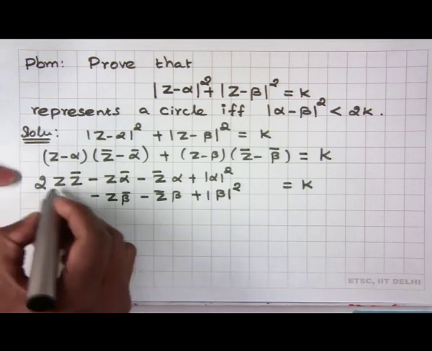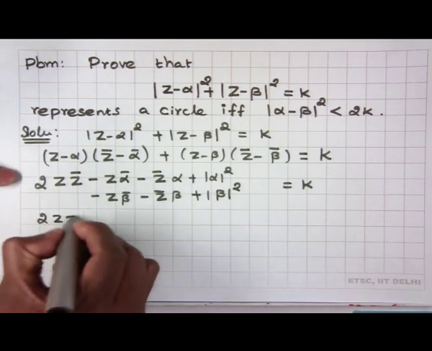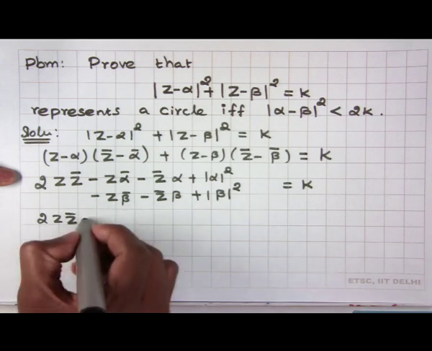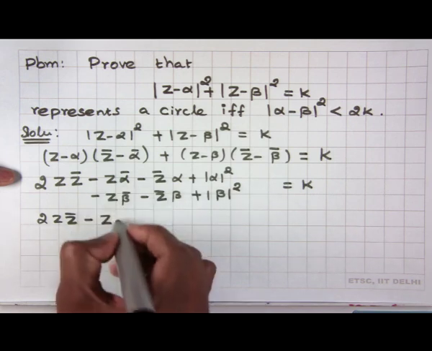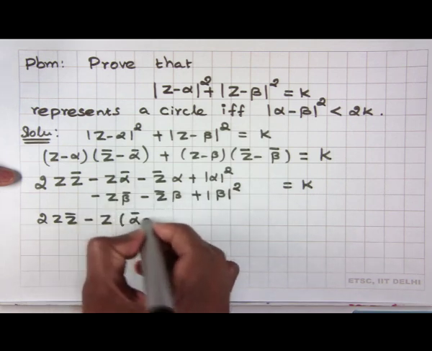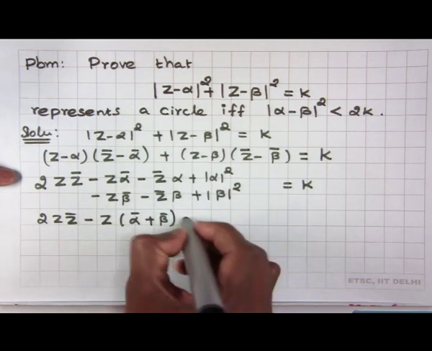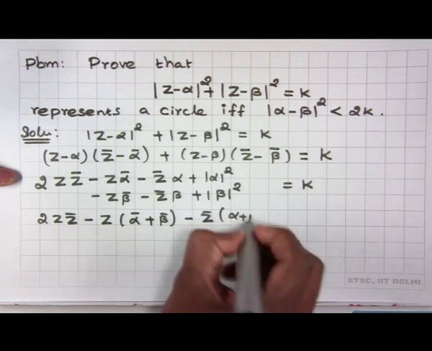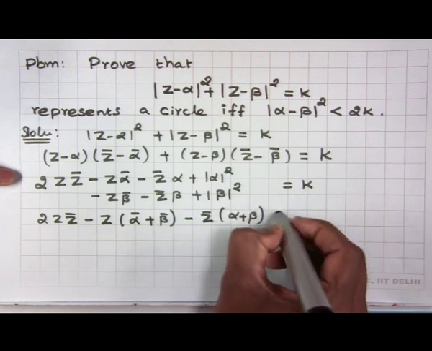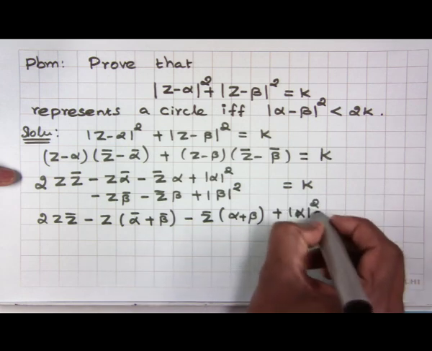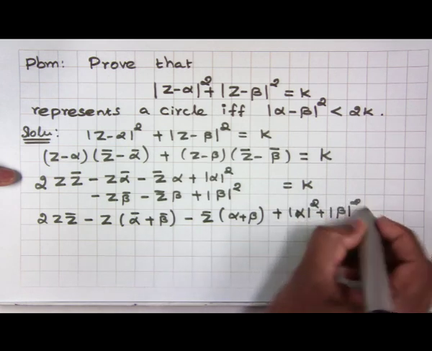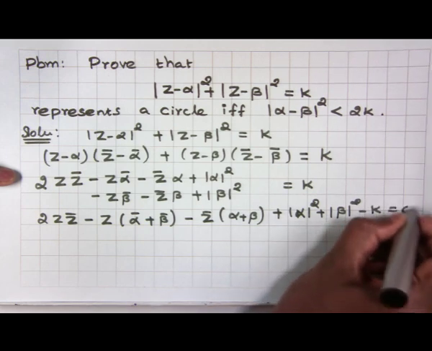And now, we have z̄. So, try to combine the coefficient of z, which is ᾱ plus β̄, minus z̄ (α plus β), and let us collect all the constants, |α|² plus |β|² minus k, which is equal to 0.